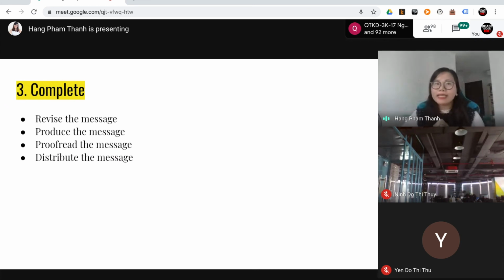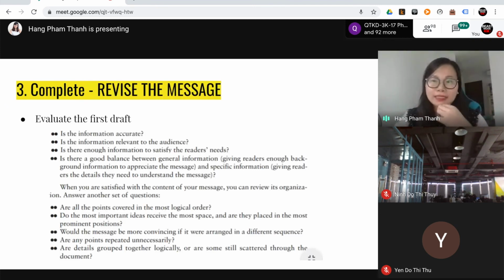The completing stage of the writing process consists of four steps: revising the message, producing the message, proofreading the message, and distributing the message. In revising the message, the first thing we do is evaluate the first draft, the first manuscript of the writing.